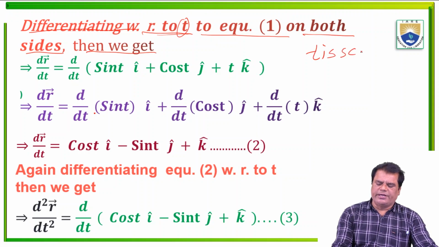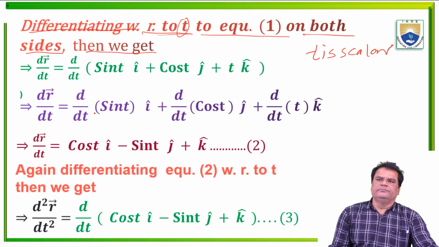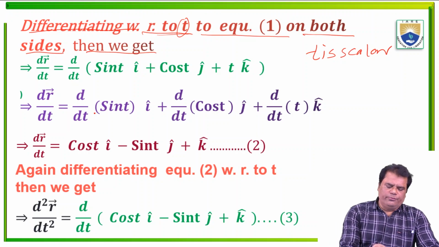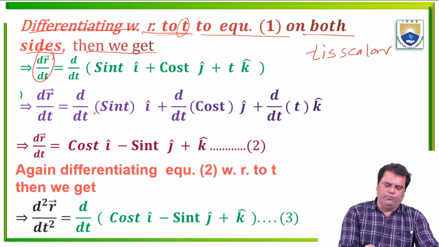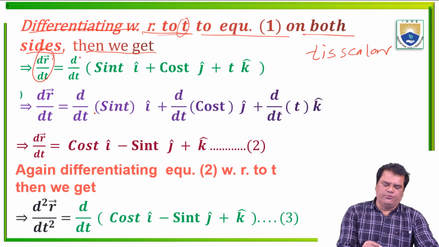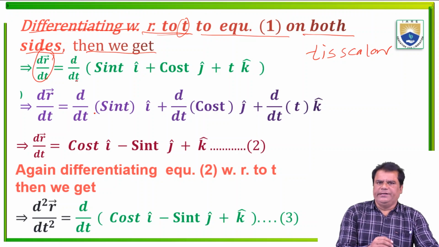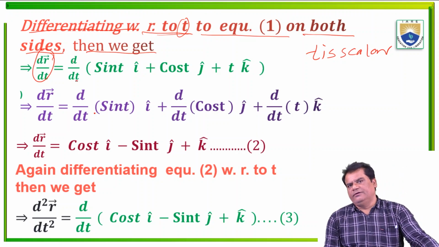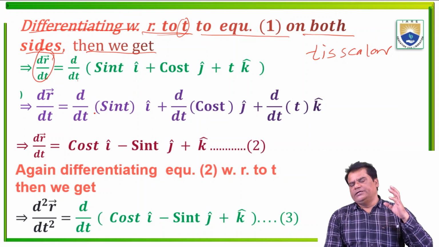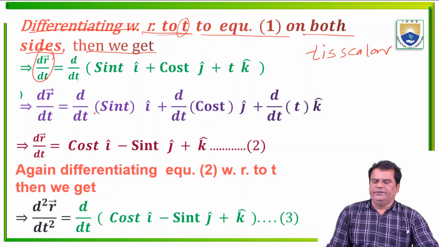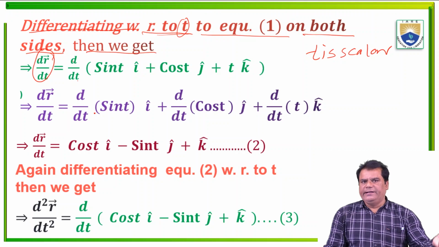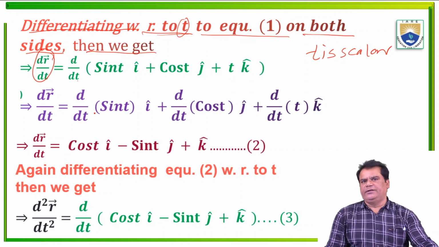So d vector r upon dt equals d over dt, differentiate with respect to t. This is ordinary differentiation. Ordinary means there is only a single independent variable t. Vector r is dependent on a single independent variable t.